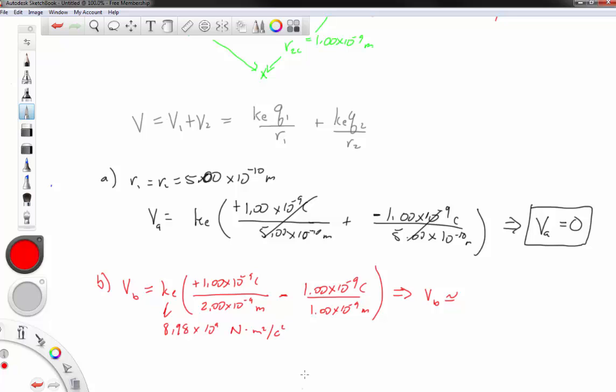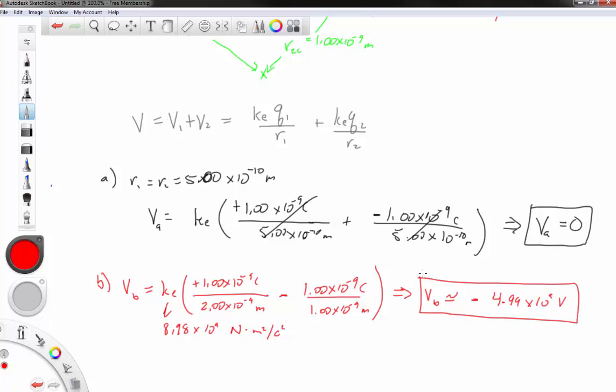So basically what this all gets, because these are in coulombs, these are in meters, we're going to end up in volts, and we can basically just divide this number by 2. So it should be negative of, I guess this would be 4.99 times 10 to the 9 volts.